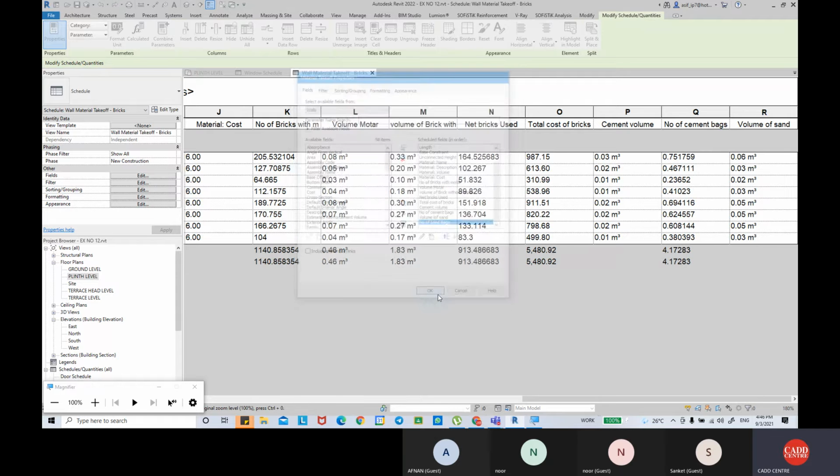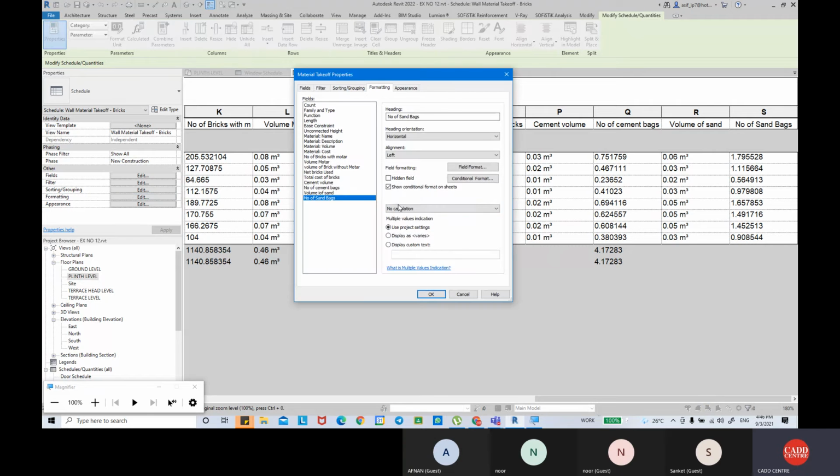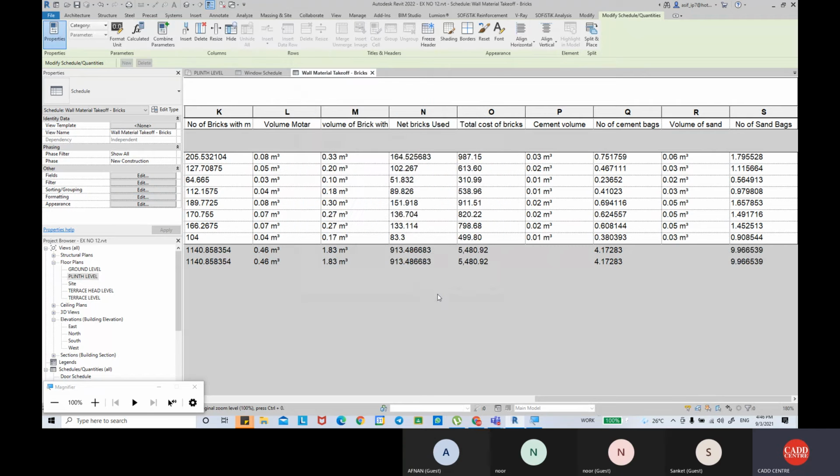Okay, now we get the number of sandbags that is going to be utilized. We have the number of cement bags and number of sandbags. So 9 sandbags would be utilized, and 4 cement bags would be utilized.